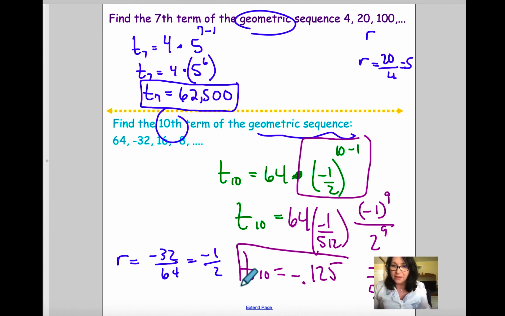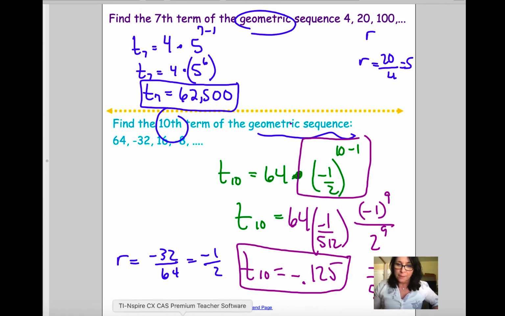0.125. And just a note, when you're doing that, if you're using, I think it's a TI-84, of course, the TI-Inspire will just give you the answer in fractional form.